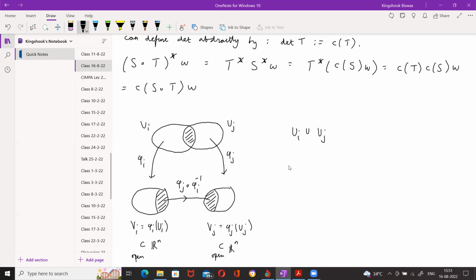Abstractly, I can think of Ui union Uj, the union of these two open sets in M, as a quotient space, right? What am I doing?